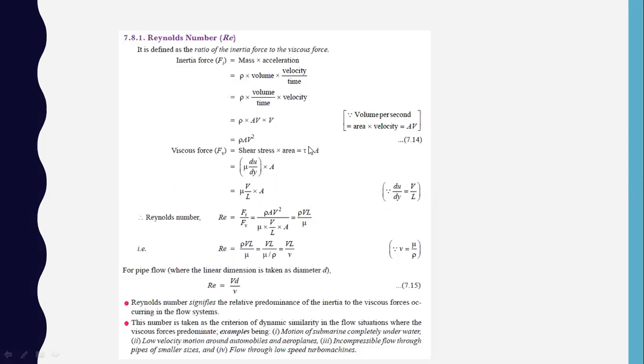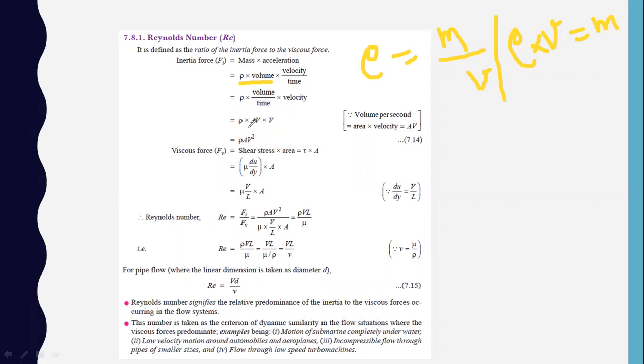The mass of the fluid we can find from the density formula, because density is nothing but mass by volume. Therefore, if you multiply density with volume, we get the mass. So rho into V will be the first one. Rho into volume into velocity divided by time is the acceleration.